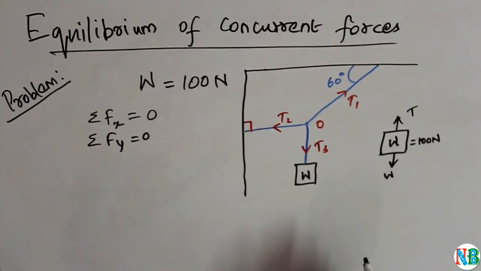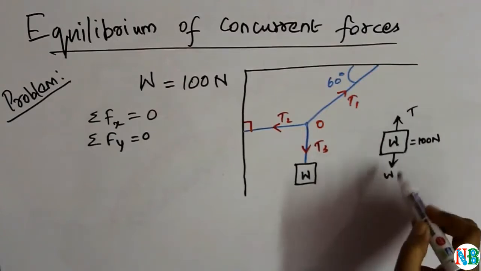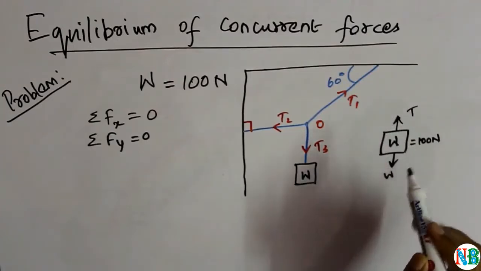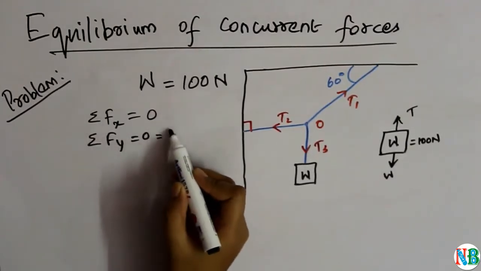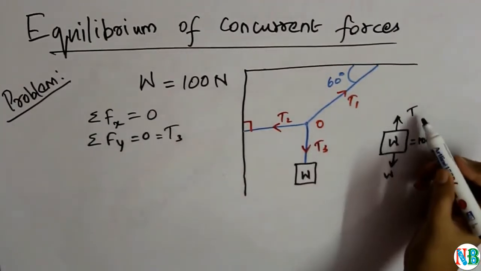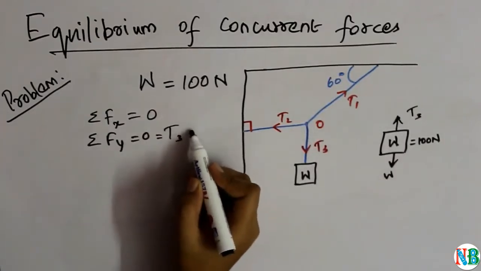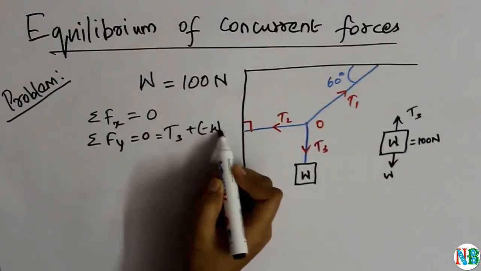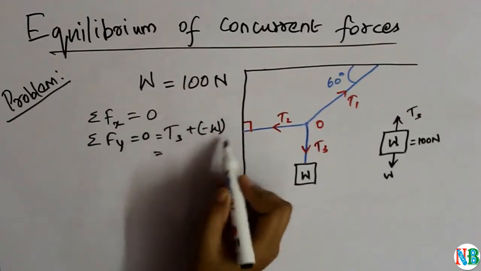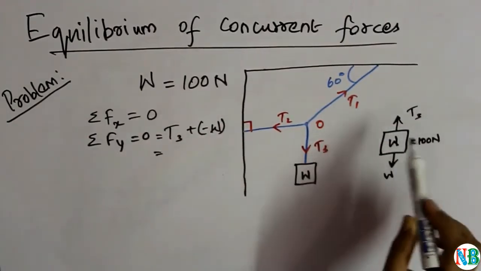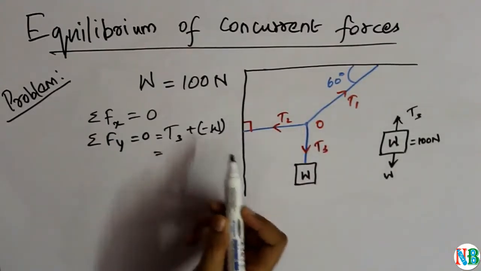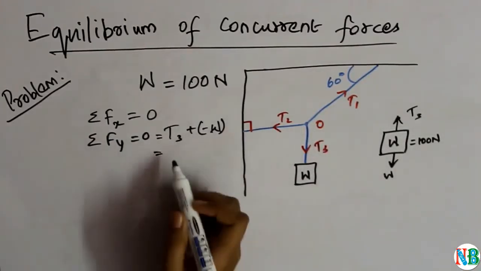The two forces acting vertically are equal in magnitude and opposite in direction, so we can write the summation of forces acting upon this system vertically as T3 plus minus W, because they are opposite in direction.